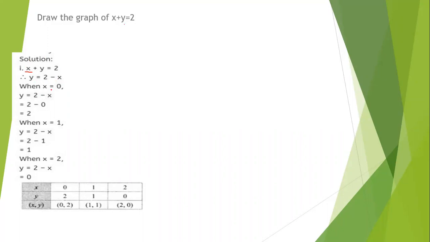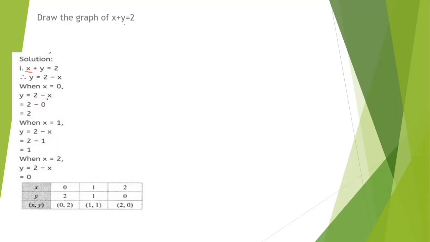Now, when x is equal to 0, here we have assumed the value of x as 0. Now, let us find the corresponding value for y. So, here we will first write the equation y is equal to 2 minus x. Then this equal to we will copy as it is. This 2 also we will copy as it is. This minus also we will copy as it is.